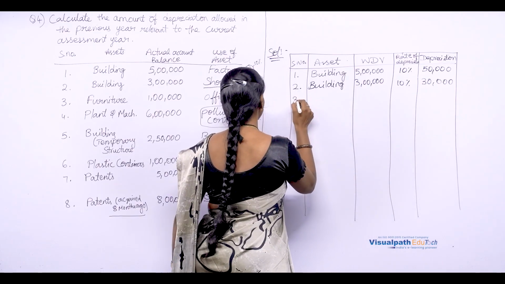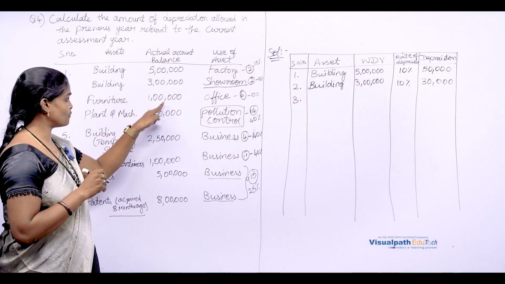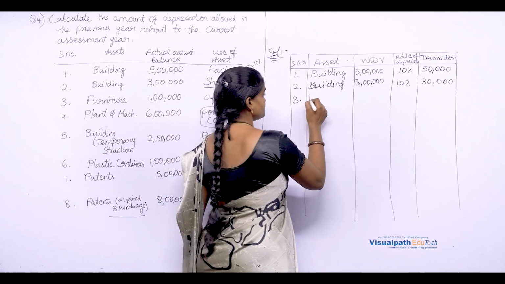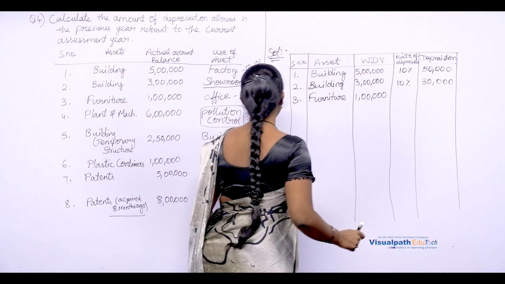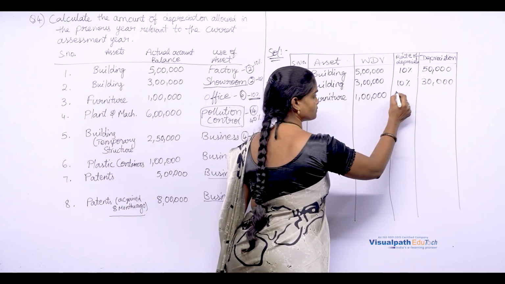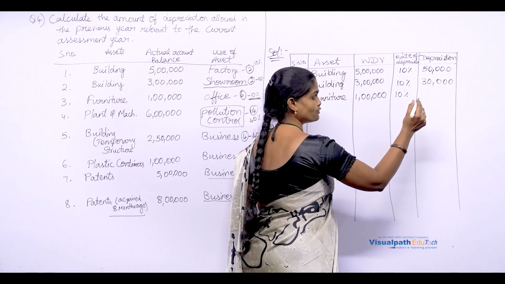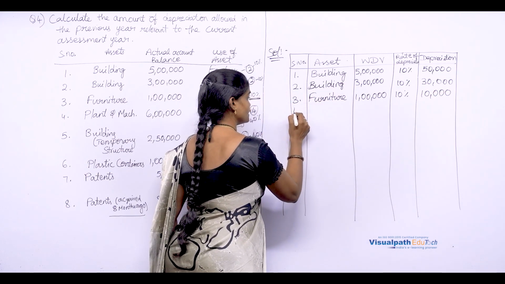Next comes furniture. Okay, furniture 1 lakh. 1 lakh into 10% is 10,000.